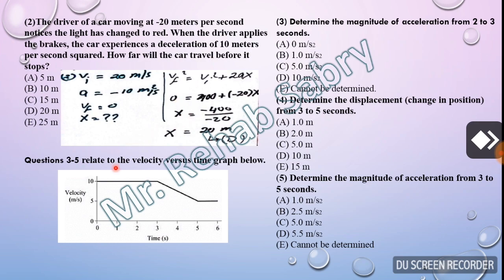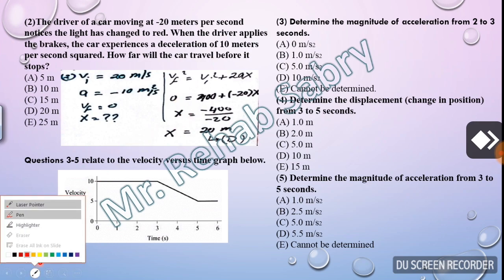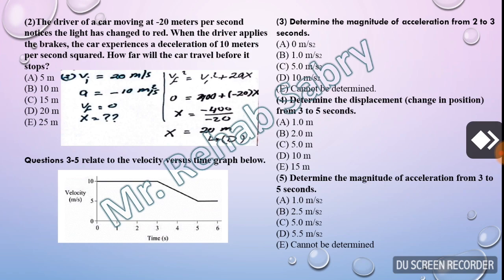The acceleration here, excuse me, I'm so sorry, it's not negative, it's positive. It's positive 20x. So x will be negative 20 meters. Why is it negative? Because it's going, for example, west and so on. I hope you got the idea.